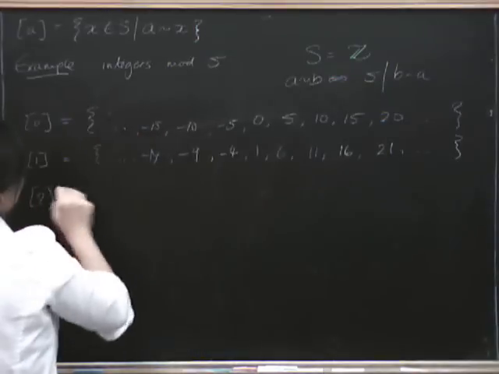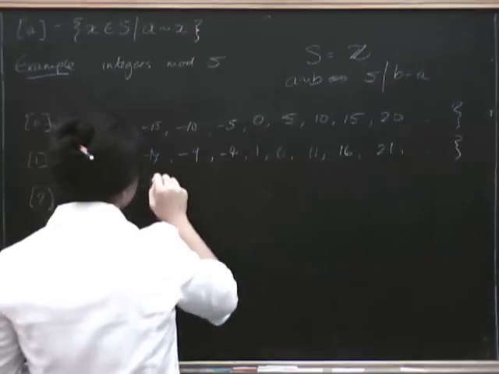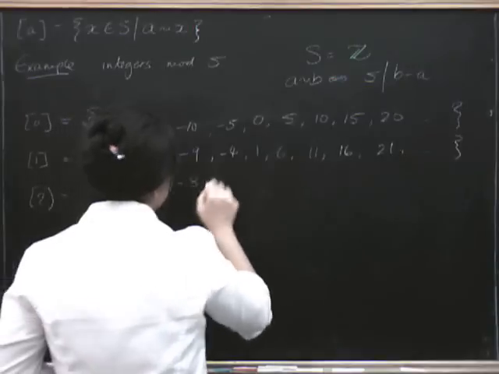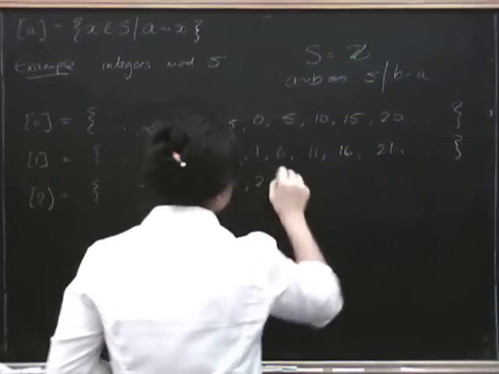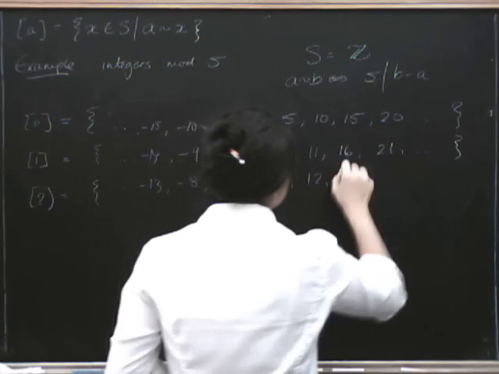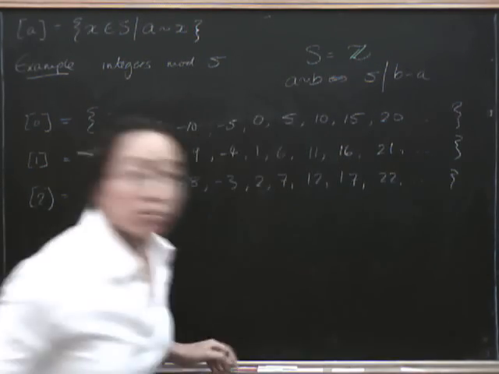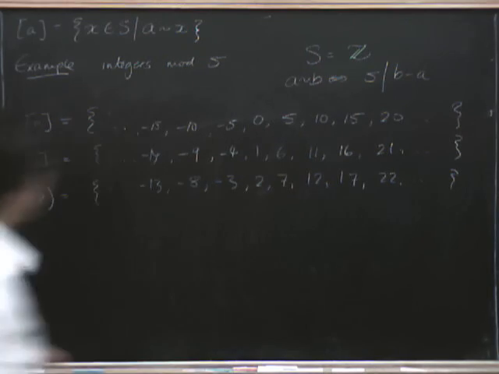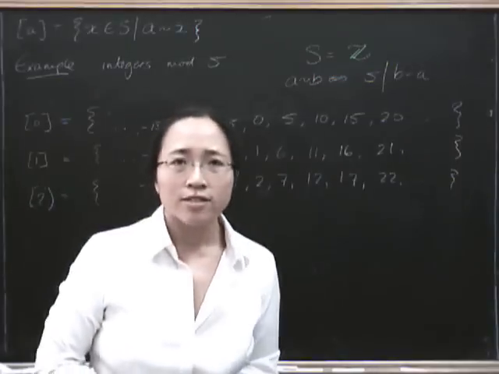So then, if we do the equivalence class of 2, we'll have minus 13, minus 8, minus 3, 2, 7, 12, 17, 22. Now you should probably press pause now and make sure you can write down the other equivalence classes. How many different equivalence classes are there going to be altogether?